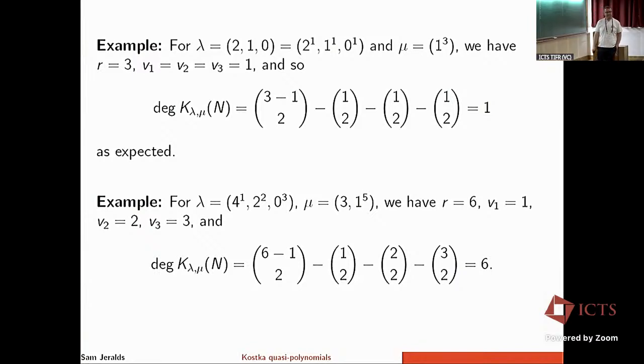Is there some a priori reason why the degree should be... Kind of. So this is what we will eventually call a primitivity condition. It is morally telling you where the pair lambda and mu live inside of the space of partitions. So it's going to be some cone, and you just want to be in the relative interior.